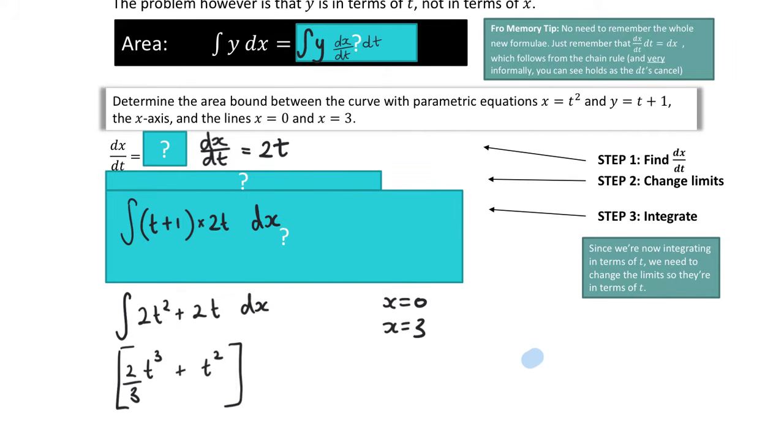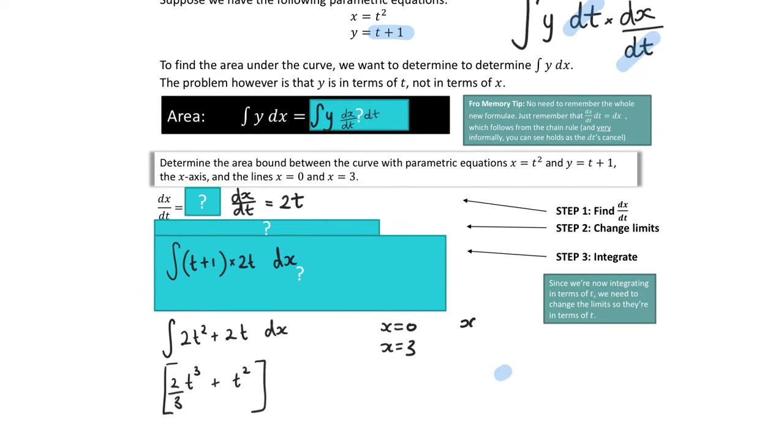What are we going to do to find t? Square root. So the reason is because x equals t squared, so t equals root x. So to find our limits of t, we're going to get t equals root 0 and t equals root 3, so between root 3 and 0.